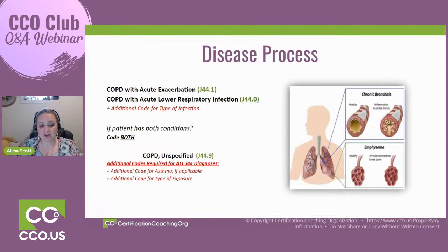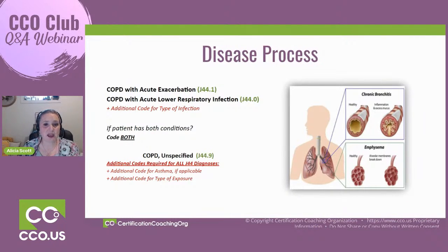Then, if you have COPD, you have an exacerbation, but the exacerbation is caused by an acute lower respiratory infection, that's a different code. Then we're going to J44.0. Now, acute exacerbation, the provider will put that on there. They'll say it's an acute exacerbation.